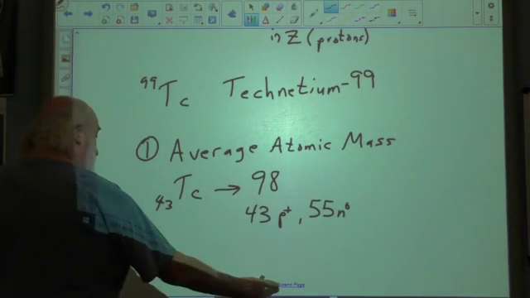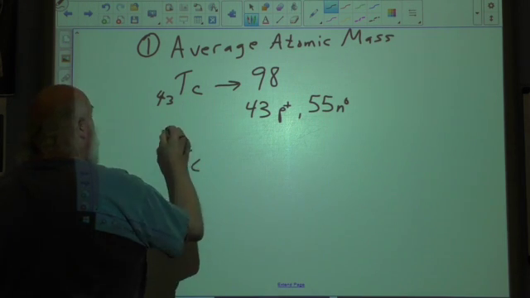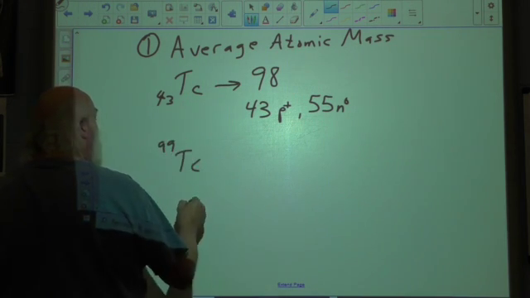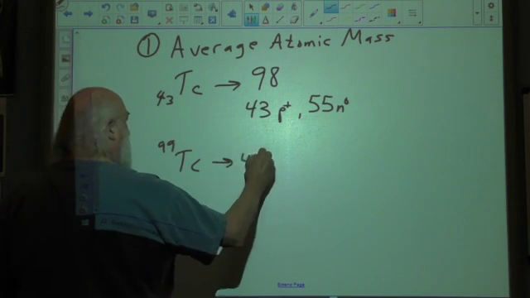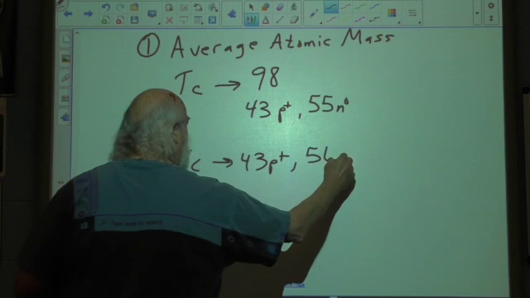Technetium 99, however, has 43 protons and 56 neutrons.